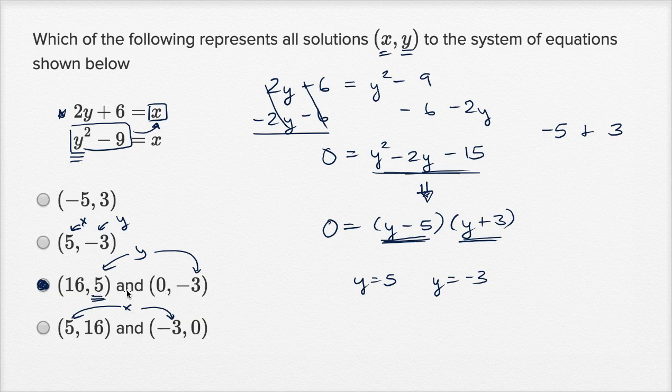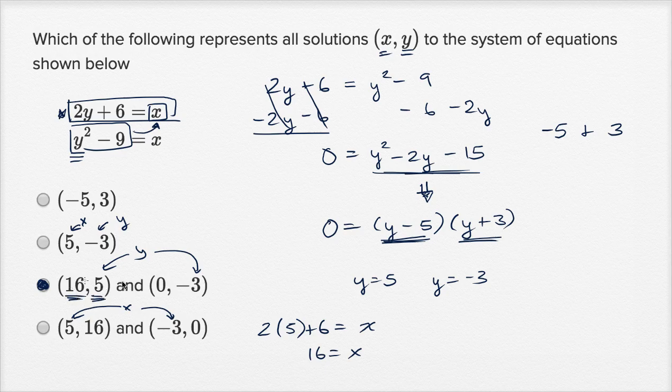But if you want to go back and feel good that when y equals 5, x equals 16, and when y equals negative 3, x is equal to 0, you can go back and substitute into this first equation, because we have 2 times 5 plus 6 is equal to x. So when y is equal to 5, you have 10 plus 6, so x is equal to 16. And that's what we saw right over here.